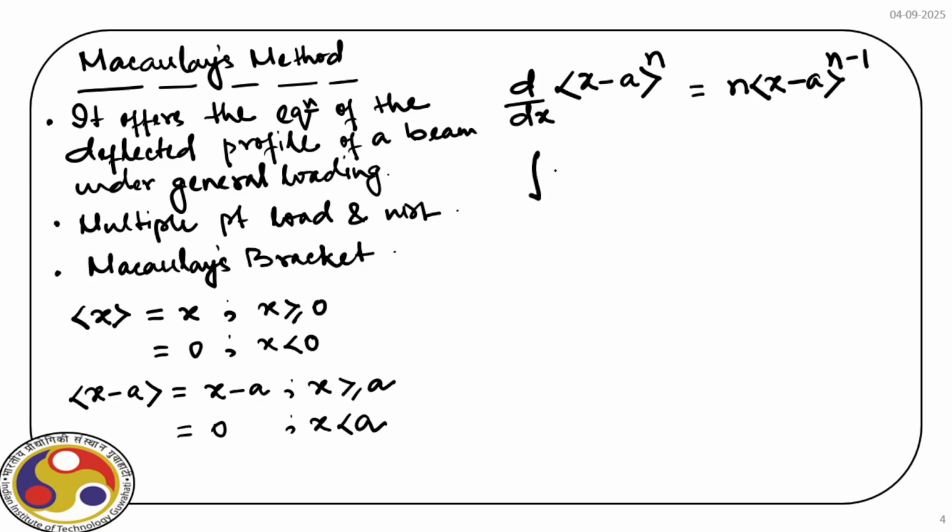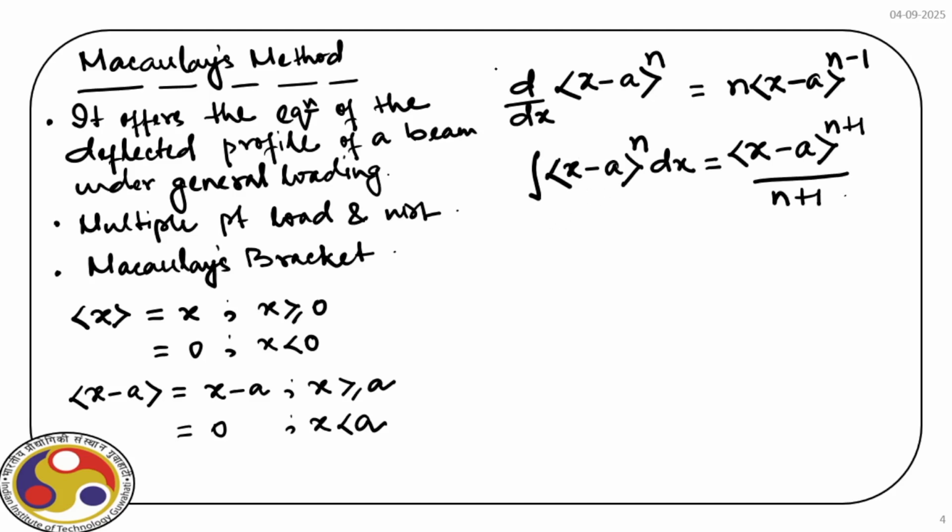Similarly, if we have the integral of x minus a within Macaulay bracket to the power n dx, we have x minus a within Macaulay bracket to the power n plus 1 divided by n plus 1. So you can see the differential or the integral of the function is as good as we have x minus a to the power n, and the same way we do it for this function, we also apply with Macaulay bracket. The only thing is on the right hand side also we have Macaulay bracket.